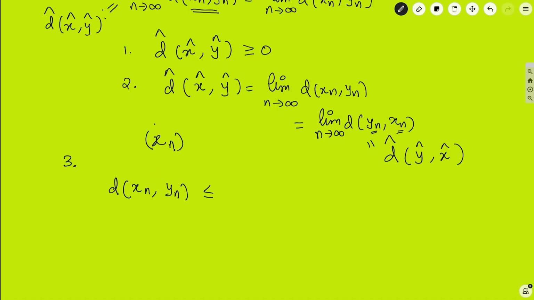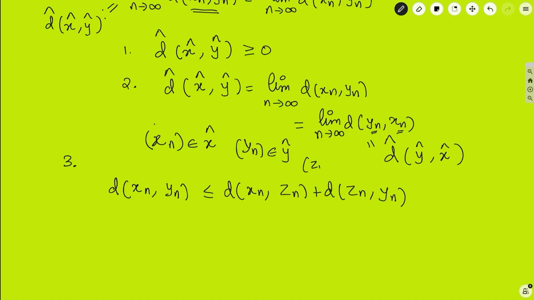There's a sequence xn from the equivalence class x hat, and a sequence yn from the equivalence class y hat. Take the distance between the nth terms. You can get a triangle inequality by introducing the nth term of another sequence zn, which belongs to another class z hat. This is just the triangle inequality.